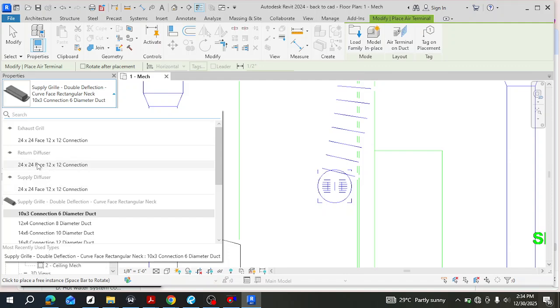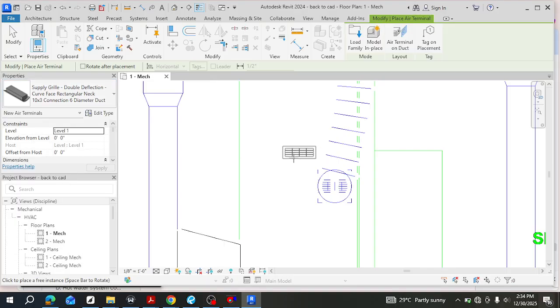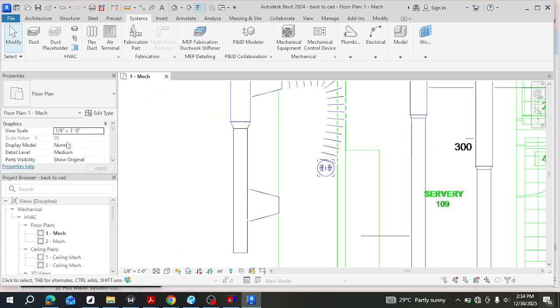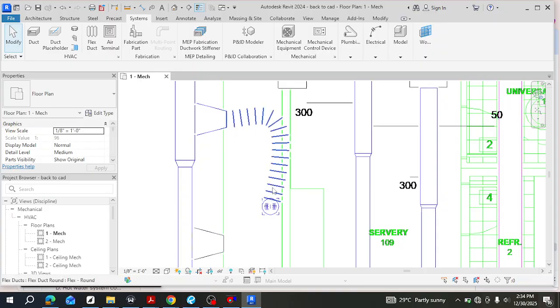This return, this supply. You can look up how to import families or create families, because these are already preloaded families in Revit, right? So if you want a specific size or a specific dimension or a specific material, you come here and you do it, right?